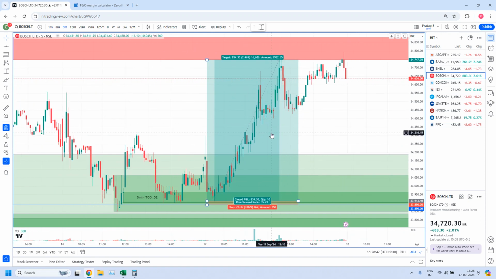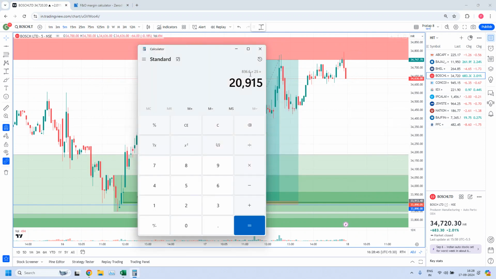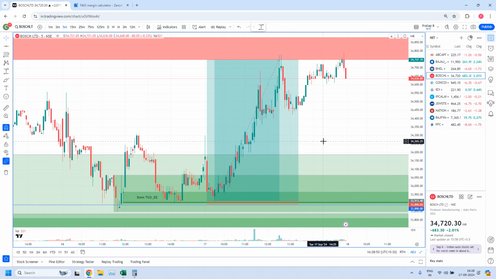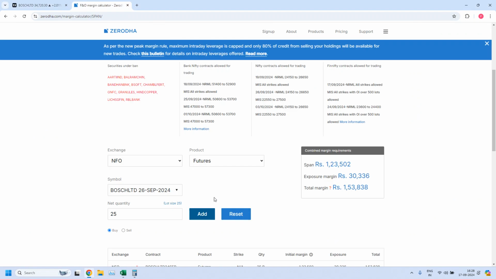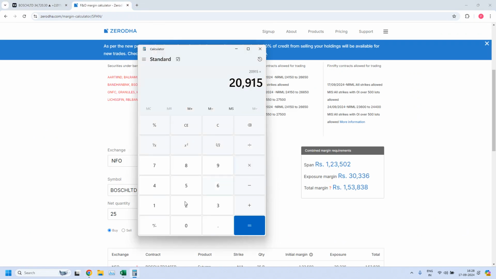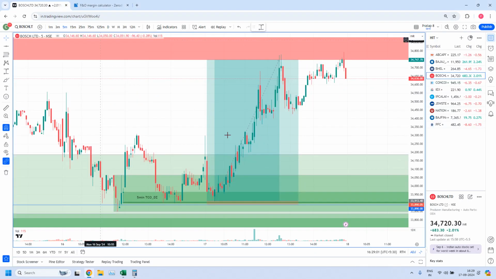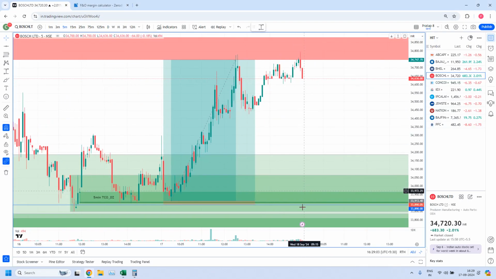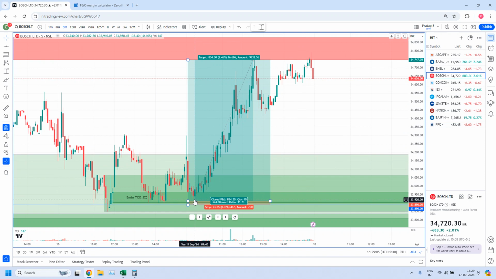If that is the case, you would have achieved 1:35 RR. You would have got 20,915 rupees profit. And also ROI. So into 100 divided by, where was the closing price approximately? See, here it was closed, but we took a trade here. When prices are going up, the margin cost will increase.